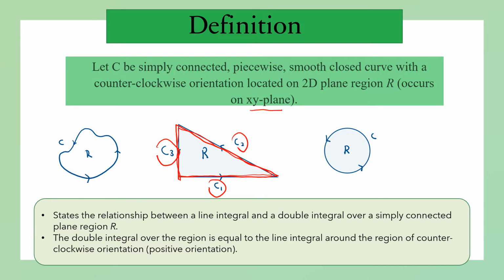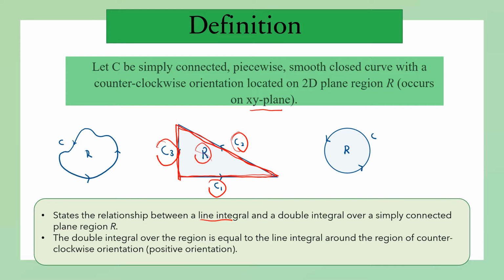Green's theorem states the relationship between a line integral, which is line integral over C1, C2, C3, and a double integral over a simply connected plane region R.